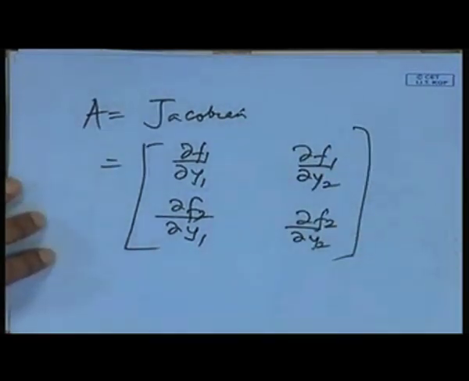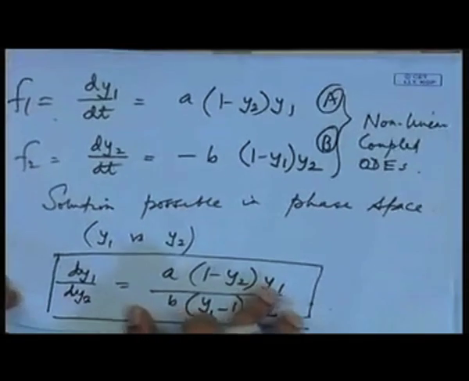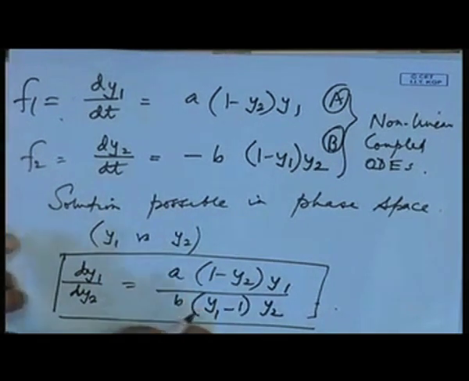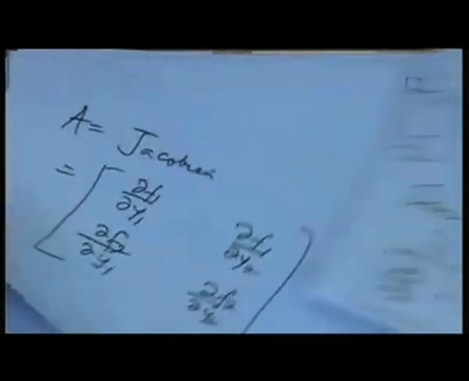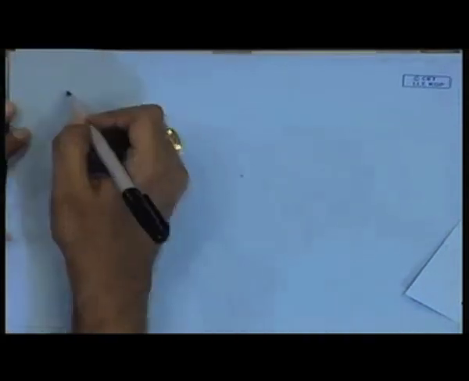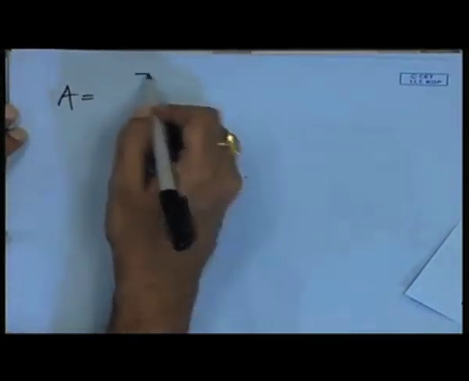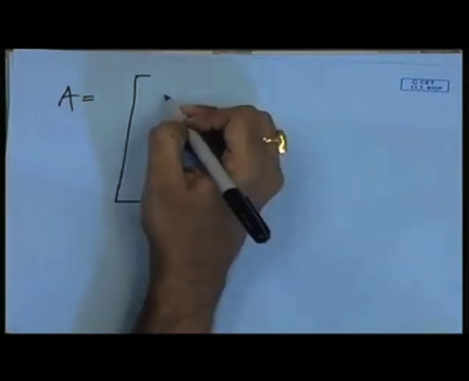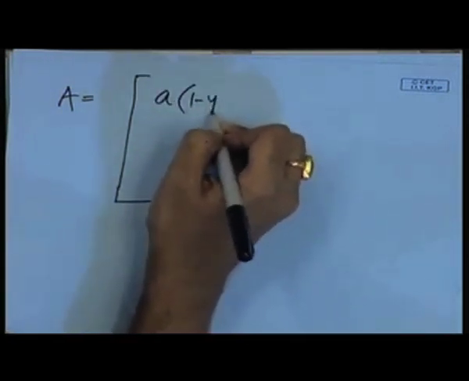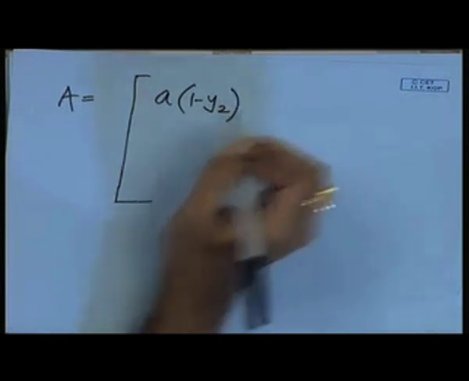Now for our case, these are my F1, F2, and I need to find what my Jacobian entries are. So, let us go ahead and do this. The first term is del F1 del Y1, and that is simply A times 1 minus Y2.